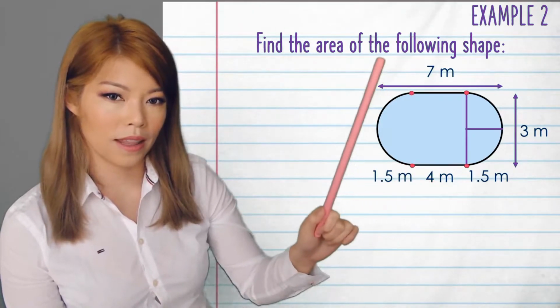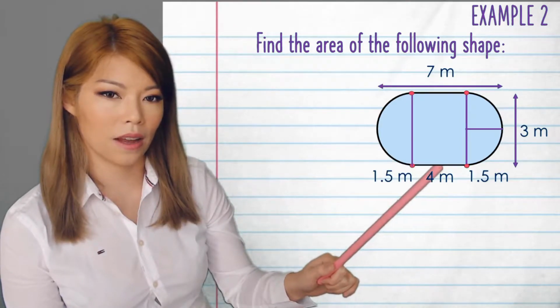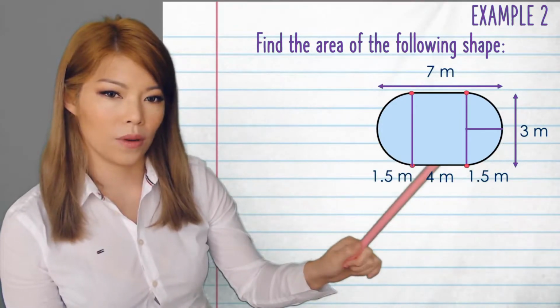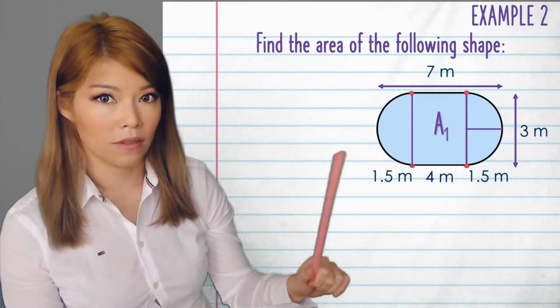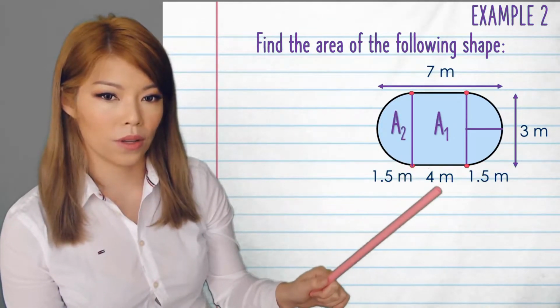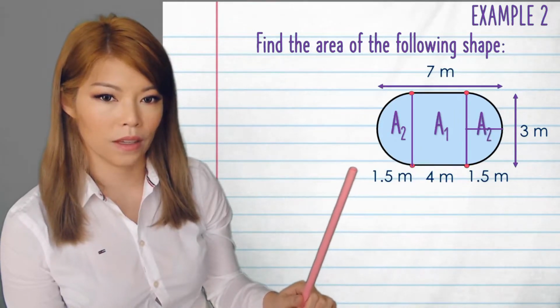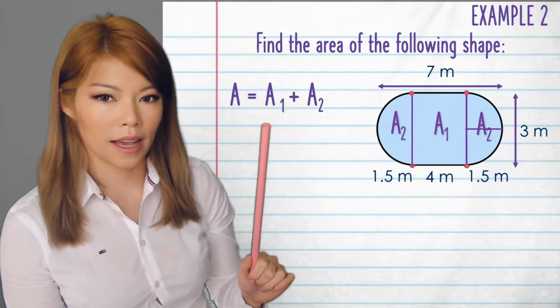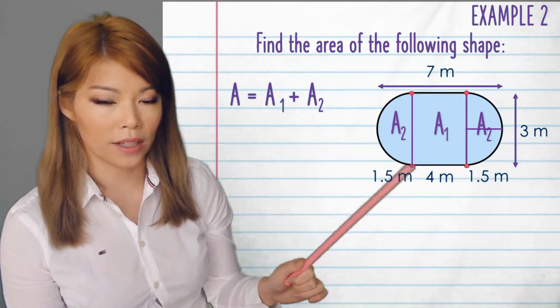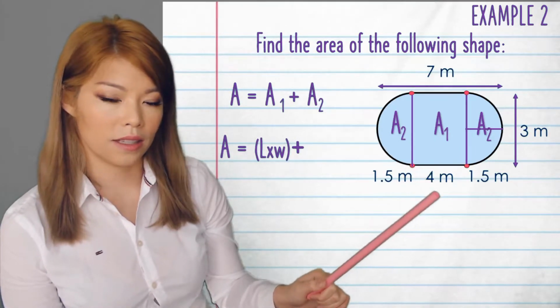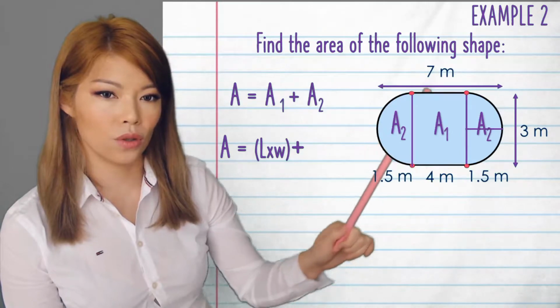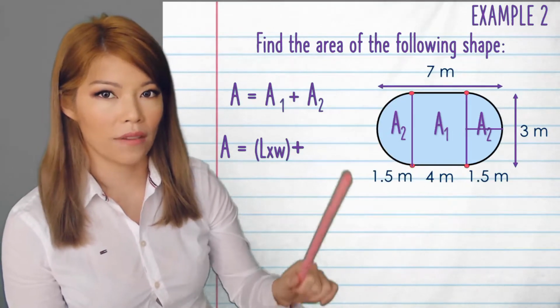Now I'm going to put another line here, and we can see that we have a rectangle in the middle and we have one circle, or two halves of a circle. So I'm going to call the rectangle A1 and the two halves of the circle A2. So the total area again is A1 plus A2, and A1 is just L times W, whereas for A2, I'm not going to do two half circles and double it.